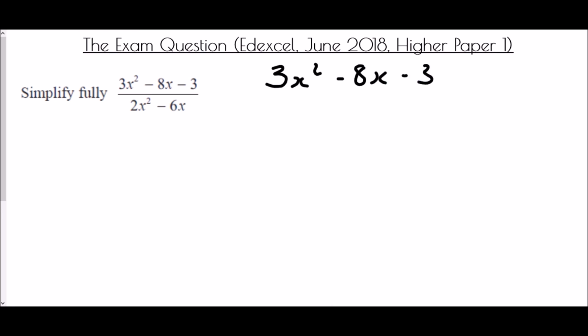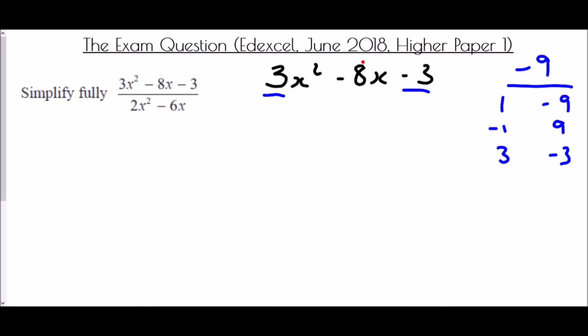Now our first step every time has been to multiply a by c. And so if I multiply 3 by negative 3, it's negative 9. Now because this is a negative value at the end, that means I must have one positive value and one negative value. So I'm going to have positive 1 with negative 9, or negative 1 with positive 9, or I'm going to have 3 with negative 3, or the other way around, negative 3 with plus 3, but it will be the same pair.